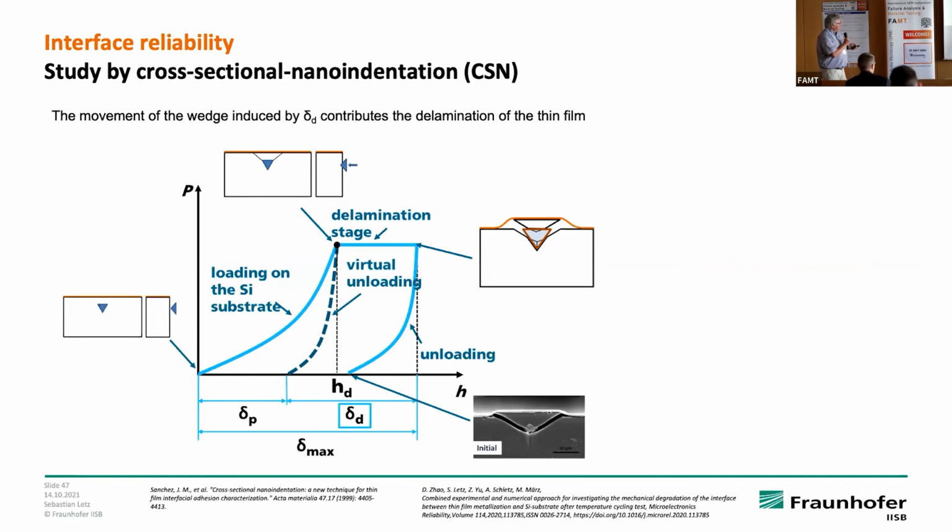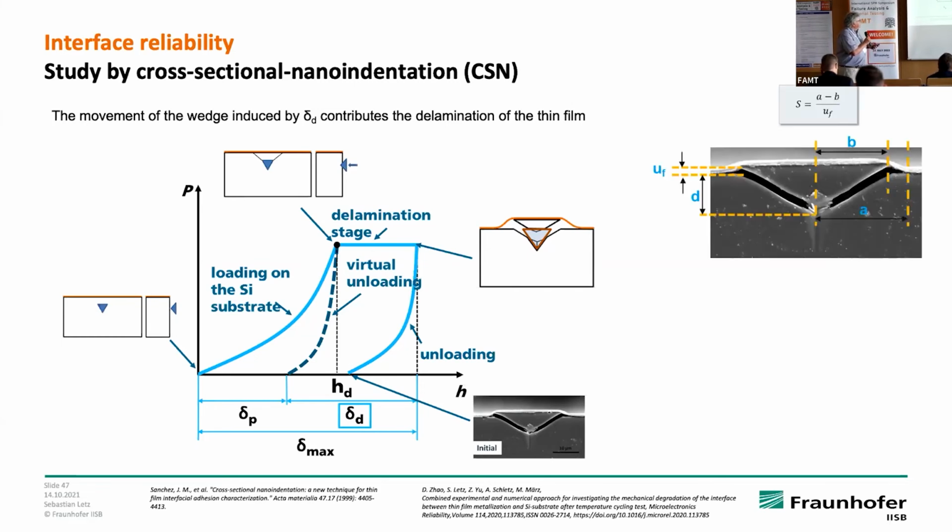This will generate a crack, or a segment of silicon, which is then pushed up and will delaminate this film. So this is the method we are using to characterize with geometry.